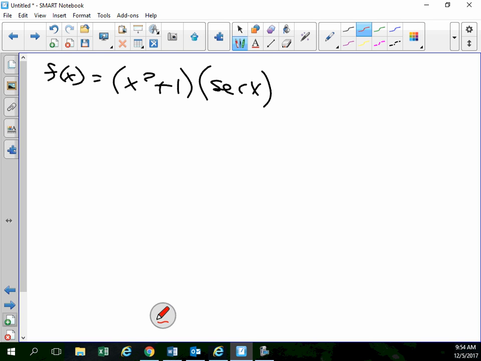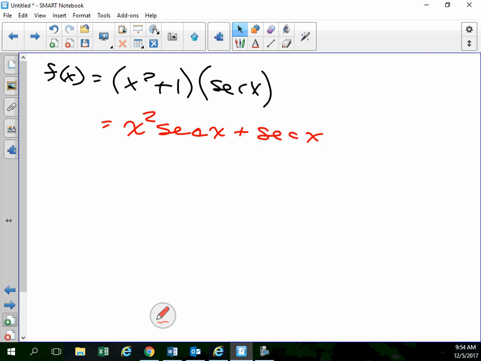So Omar, do you want me to distribute, or do you want me to do it like this? Okay. If I distribute, I get x squared secant x plus secant x. This is going to use what? Product rule.